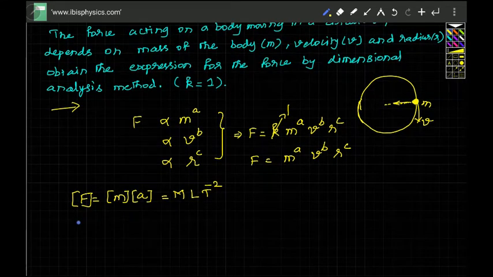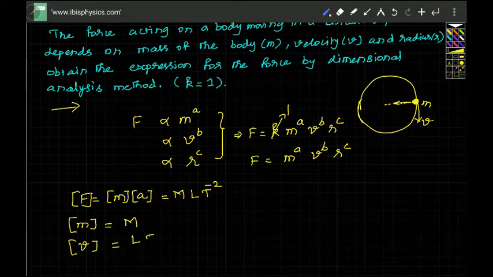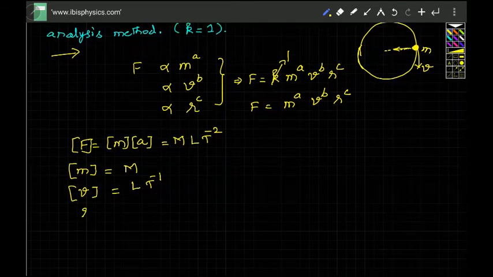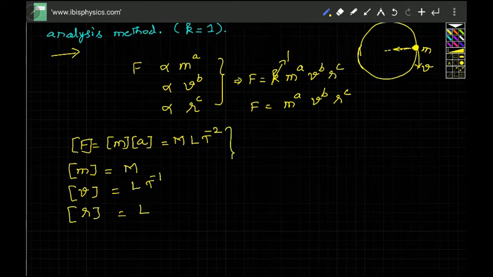The dimensions of mass is M, and the dimensions of velocity is meter per second, that is length by time, so L T power minus 1. And R, the radius, is a distance, so the dimensions of R is just L. So we are going to use this over here.